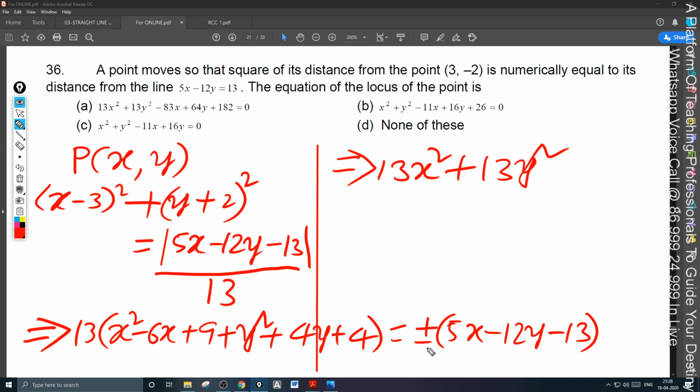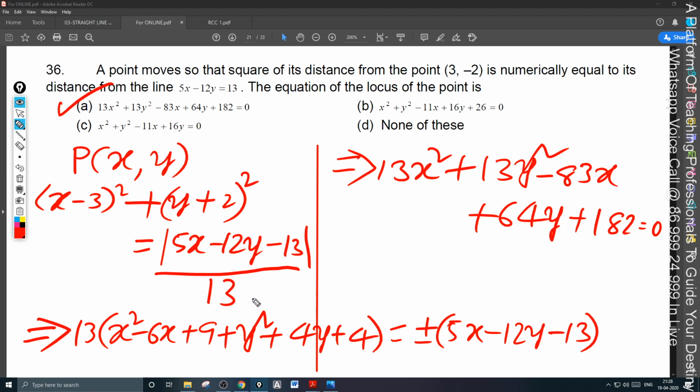Because it is a distance here. 13 into 6 is minus 78. Minus 78 minus 5x, minus 83x. So your answer is wrong, Priyadarshini. It should be option A, minus 83x plus 64y. Direct question only, but the numbers are bigger. That is why it takes some time. So option A, please.